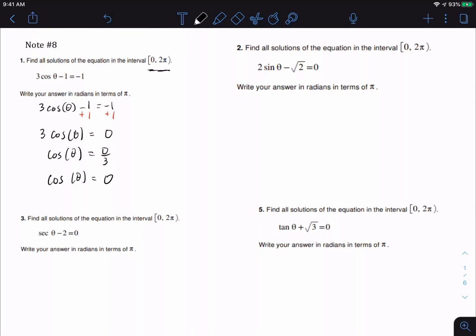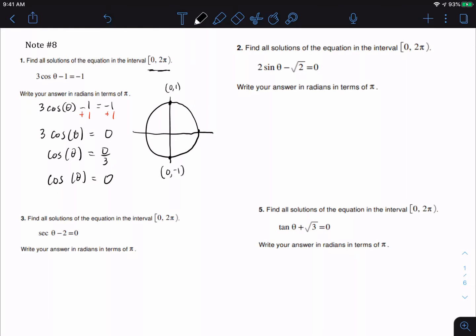Well, where is cosine of theta equal to 0? If we look at the unit circle, something that you guys should have, one of the things that's important is the cosine represents the x-coordinate. And so up here, we're going to get 0, 1. And down here, we're going to get 0, negative 1.